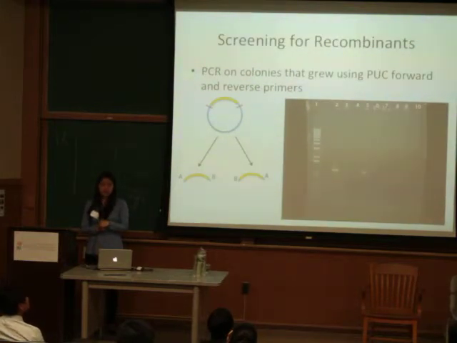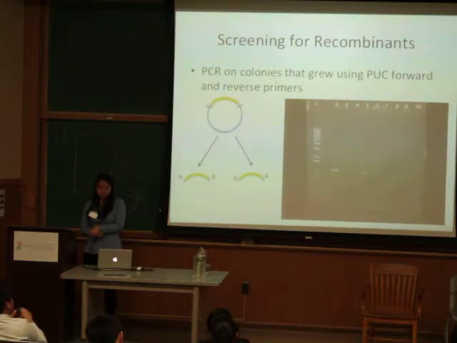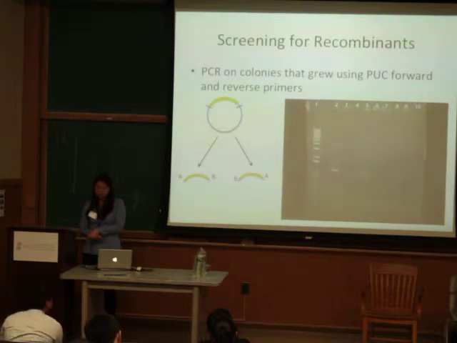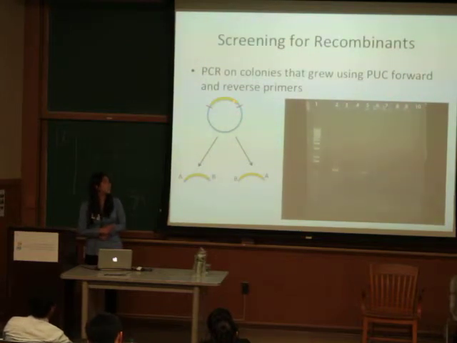So after the cells grew, I wanted to screen for recombinants, so cells that picked up the plasmid that had the wild type gene in it. I did this by doing another polymerase chain reaction using forward and reverse primers. And basically what those do is they will bind at the red line and amplify the gene that's in between them.